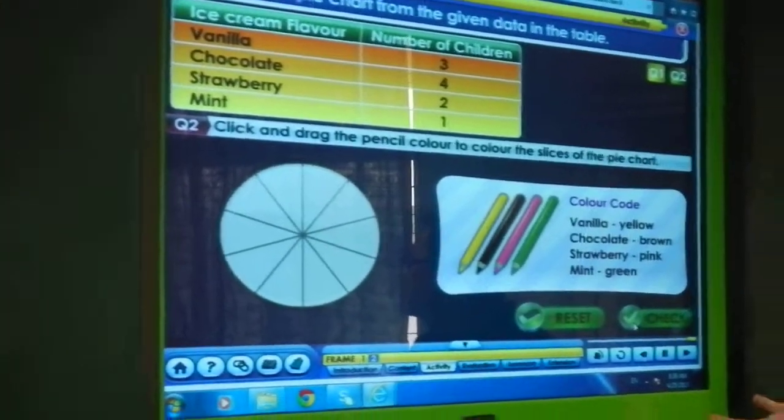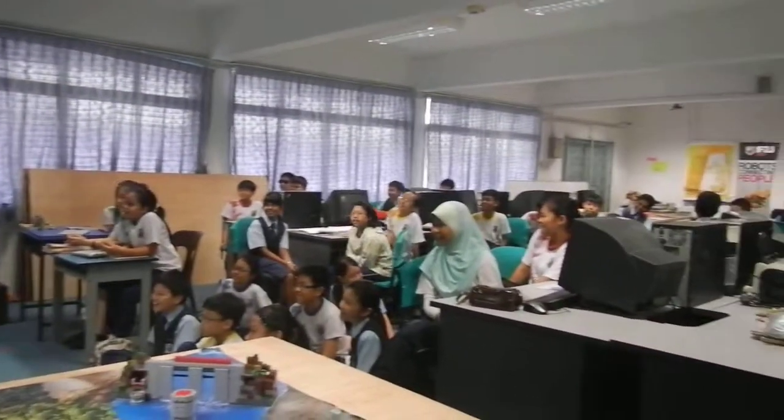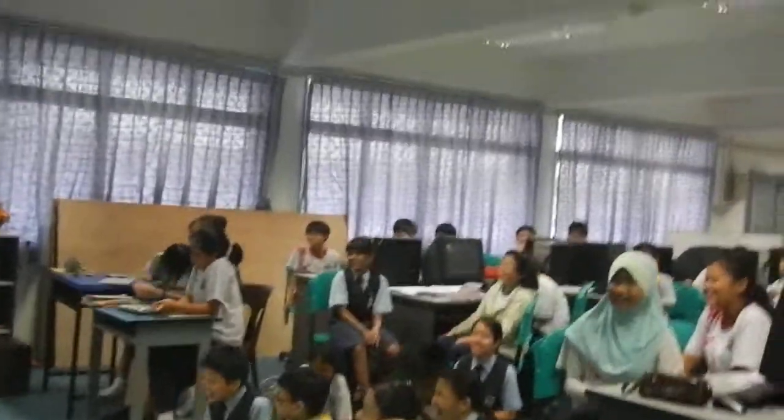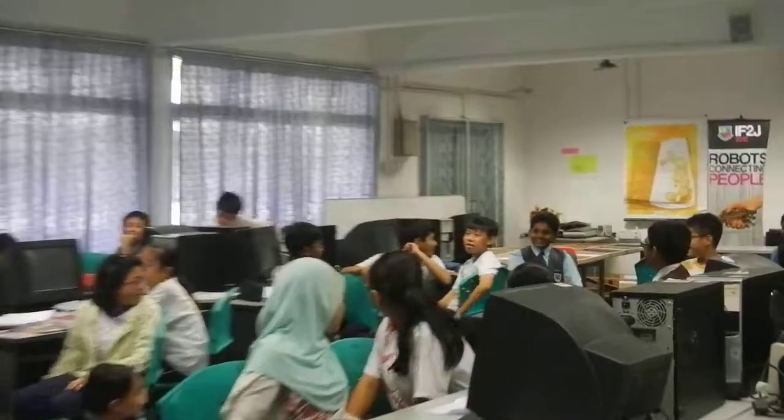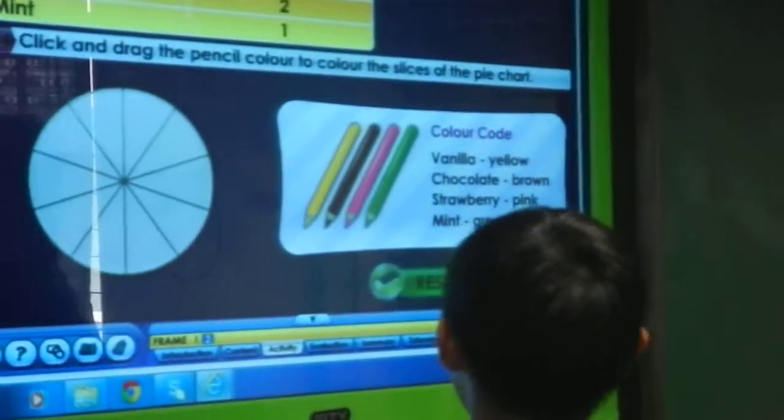Color, standard 1. Please color. I don't want Kishore. Kishore is kindergarten 1. Okay, Aiman. Aiman for vanilla. Chocolate. Who wants chocolate? Jeremiah. Who wants strawberry? Who is Pinky Boy here?